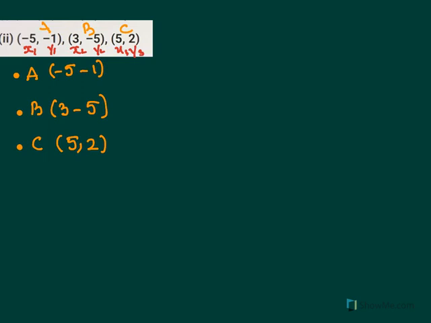And let's get on with the sum. So the formula for area is half, x1 times (y2 minus y3), plus x2 times (y3 minus y1), plus x3 times (y1 minus y2).